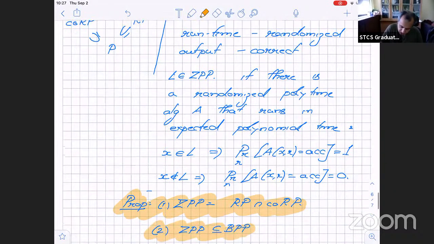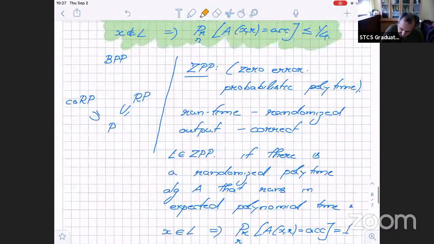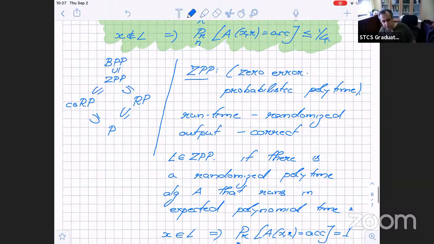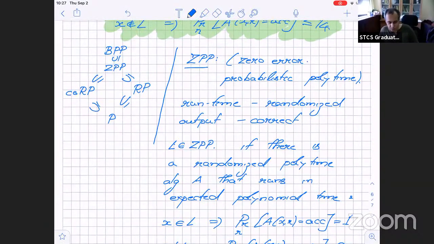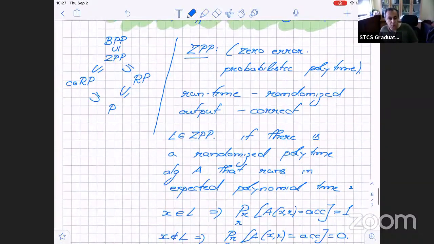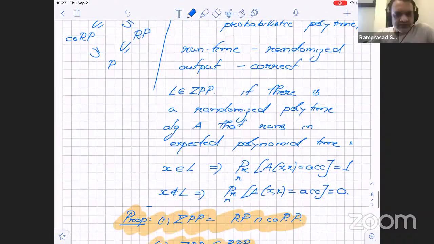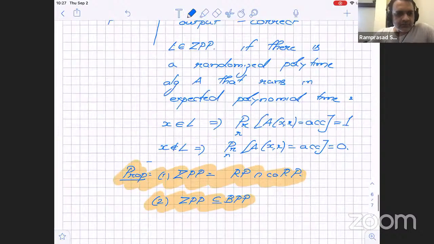So this picture, the reason I stopped was because of this. ZPP is over here, RP is contained here, this is contained here, that's contained. That's the picture. Questions? No, the picture was off. Sorry.